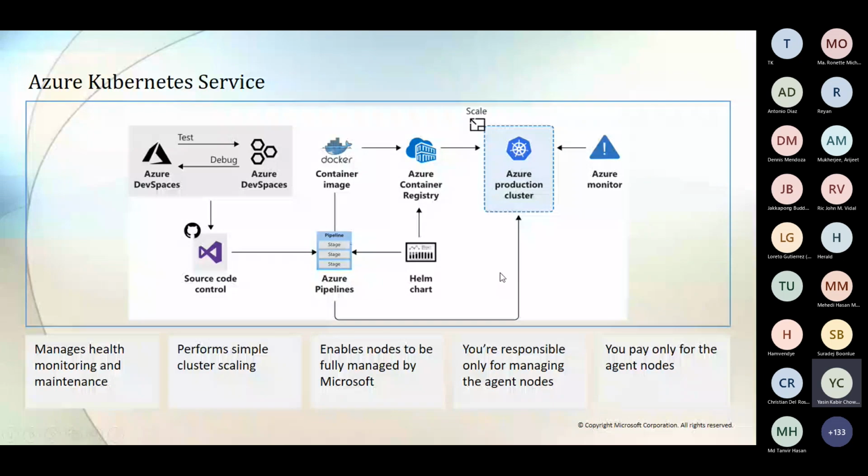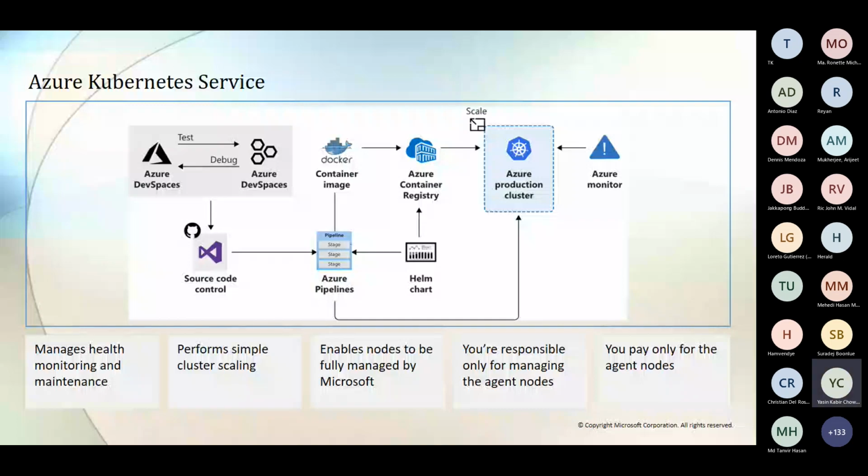Node means a VM. Every VM is managed by Microsoft Azure. You are responsible only for managing the agent nodes. Agent node means a node in the system. You pay only for the agent nodes. The other nodes are maintained by Microsoft, so you just pay only for those VM nodes.